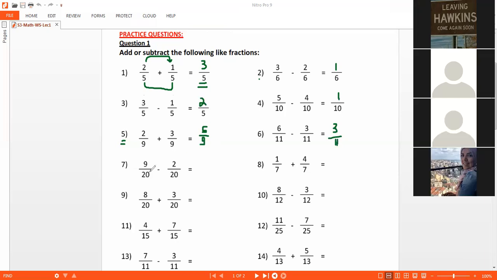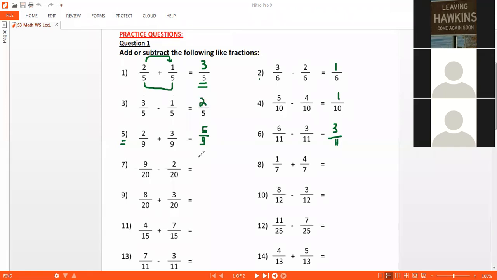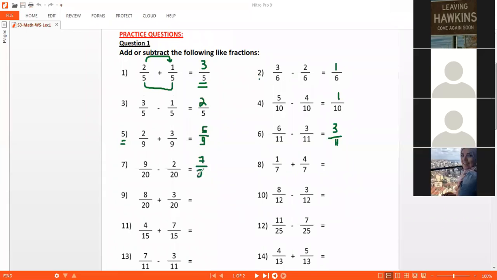Yes, 9 over 20 minus 2 over 20. 7 over 20. Excellent. Very good. Yalla Malak. Yes, 1 over 7 plus 4 over 7. 5 over 7. Excellent. Very good.